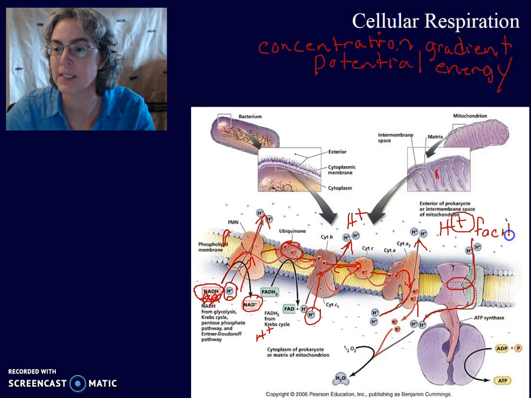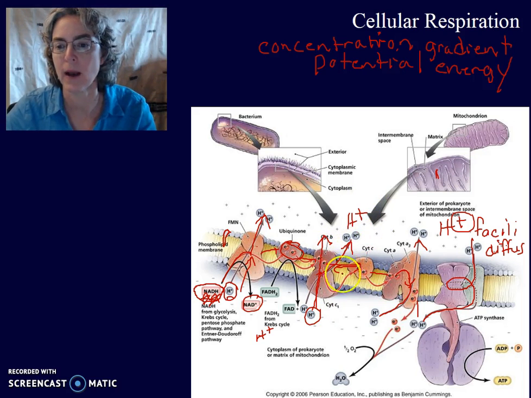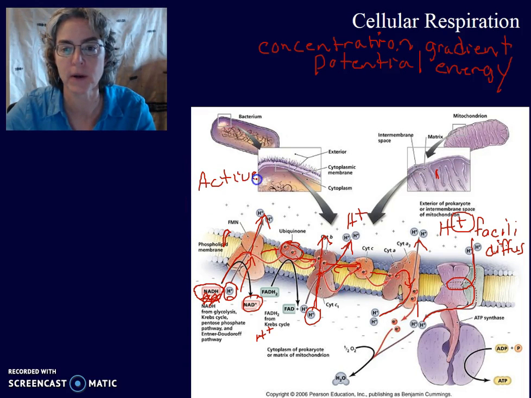So facilitated diffusion. I don't have enough room here, so I'm abbreviating that. That's facilitated diffusion. So what about this? These hydrogen ions were being transported across using the energy from the electrons. So that would be active transport.